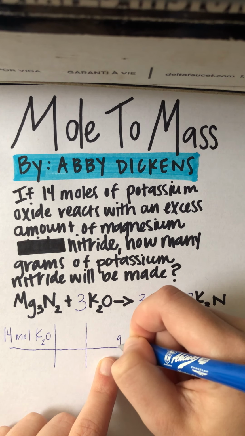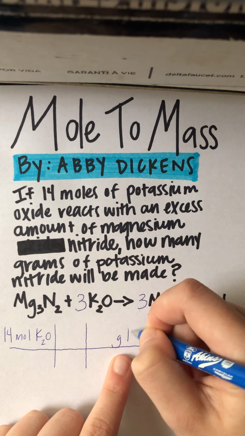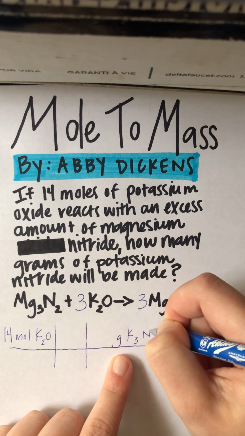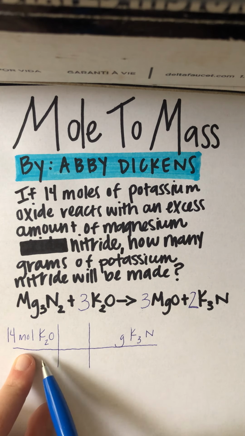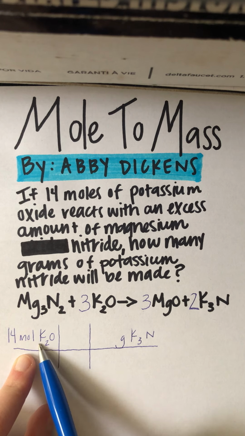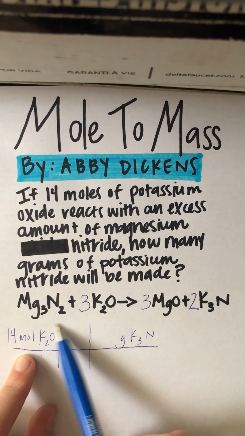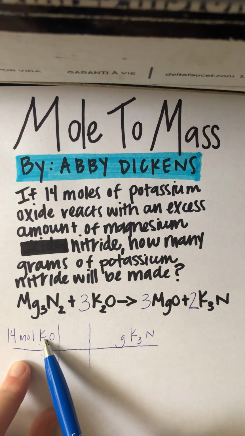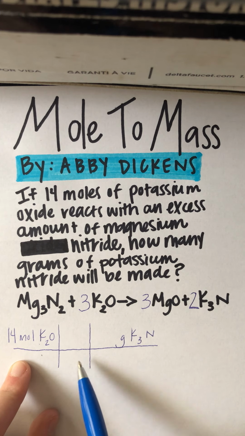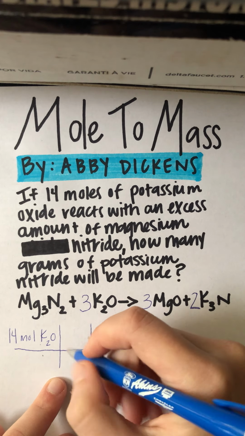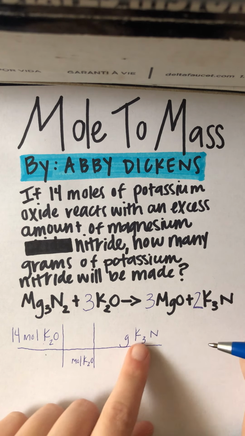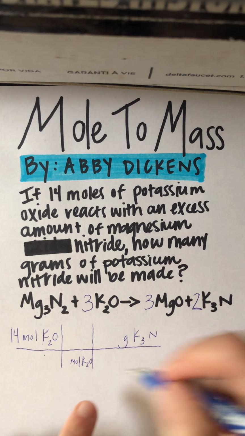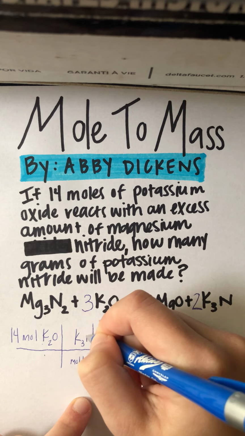So we can already put grams of potassium nitride. Since we're already in moles, we don't want to do anything to this to make it grams, but we can go straight to our mole-to-mole ratio, which is going to put moles of K2O down here, and then K3N is going to be on top.